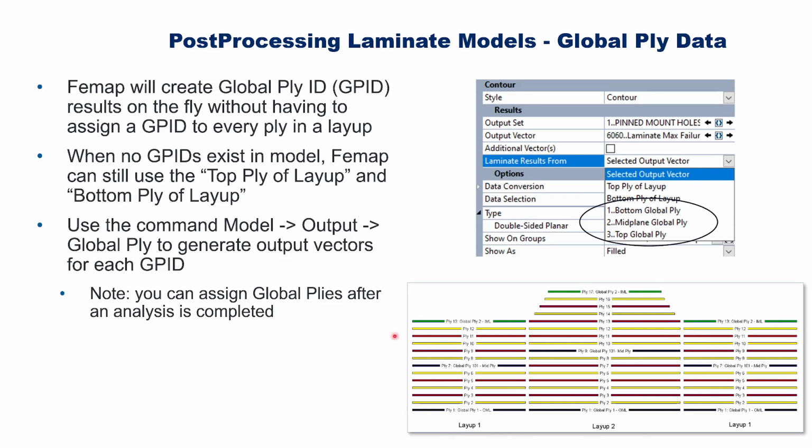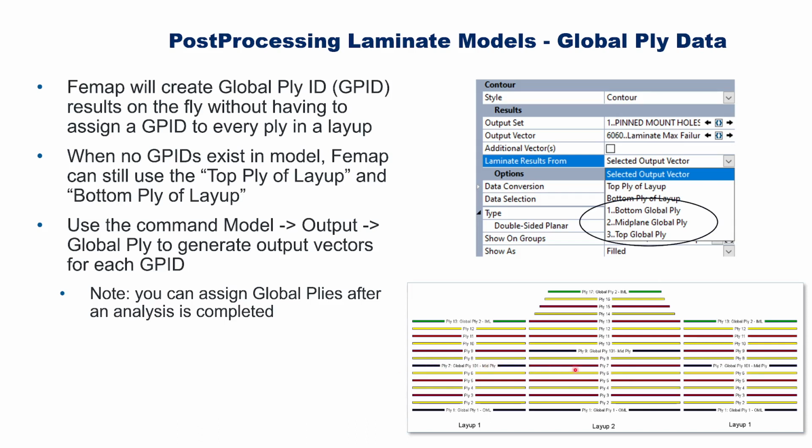For example, here in our screenshot in the lower right, we've got layup 1 and layup 2, and layup 1 is just duplicated on the other side. It's fine with global ply ID 1, ply 1, it's the same ply on all layups, but when we get to global ply ID 101, in layup 1 it's ply 7, but in layup 2 it is ply 9. That just helps us link across this because there are a couple of extra reinforcement layers in here.